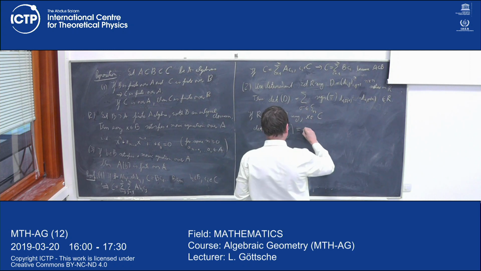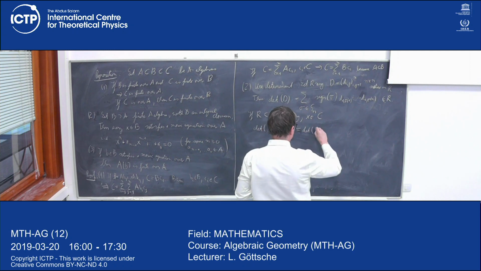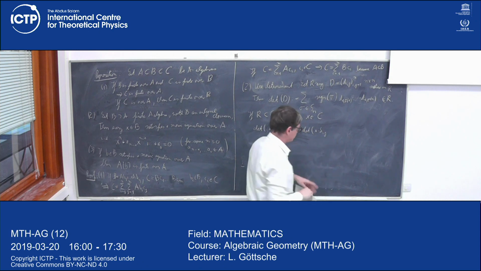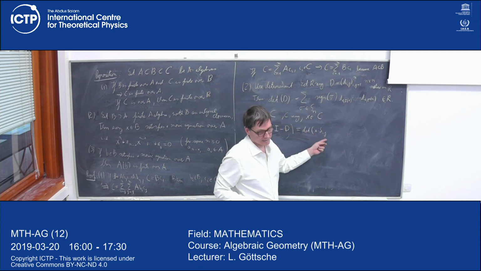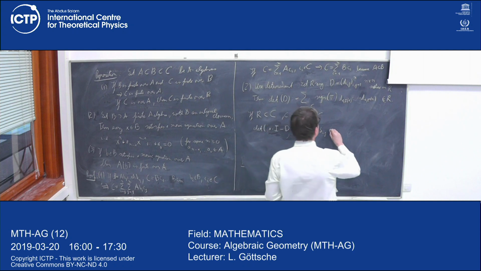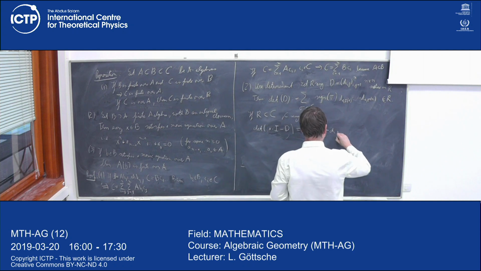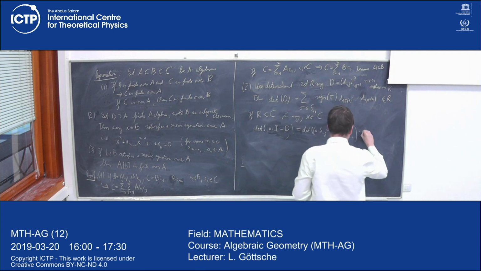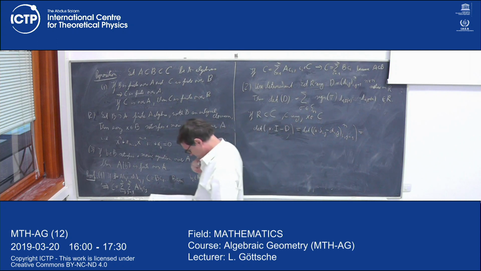Or if you want, this is the determinant of X times delta_ij, which is 1 if i is equal to j and 0 otherwise, minus D_ij, with this matrix i, j from 1 to n. And so what can we say about this qualitatively?